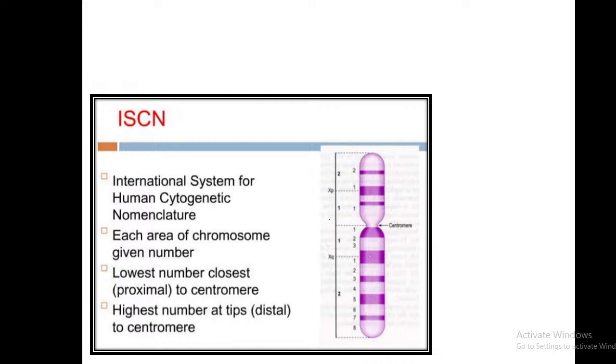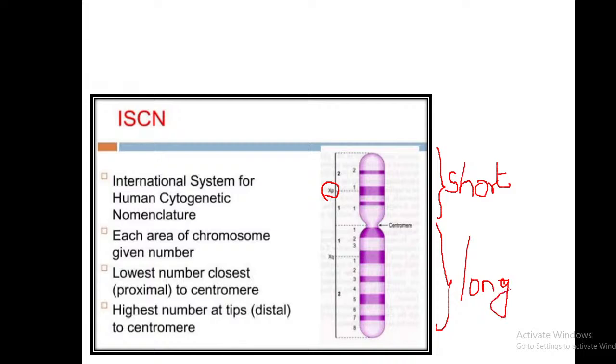These are the locations. XP means P, short arm of the chromosome. This is the short arm, and this is the long arm. So it's very clear. ISCN gives the notations for the representation of each gene on a chromosome.